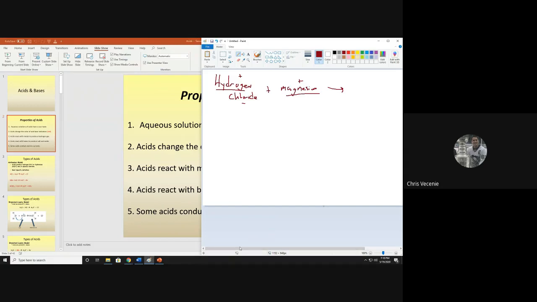So the reason why acids always create hydrogen gas when put with a metal is all metals carry a positive charge. And in all acids, the hydrogen is the positively charged species. So we would get magnesium chloride plus the hydrogen ends up by itself. Right? So that has to just do with regular old-fashioned properties of single replacement reactions.